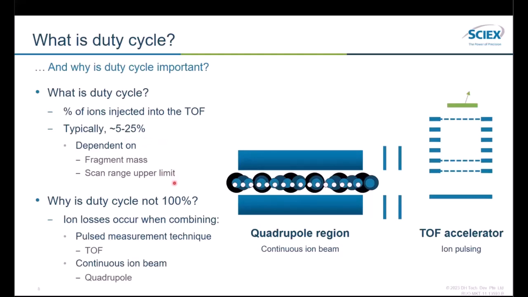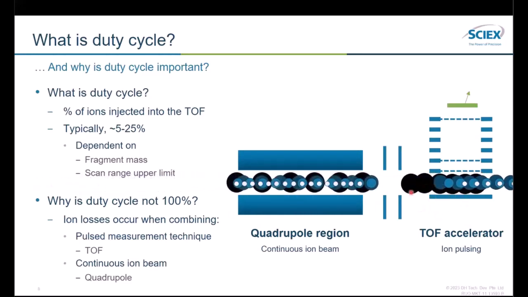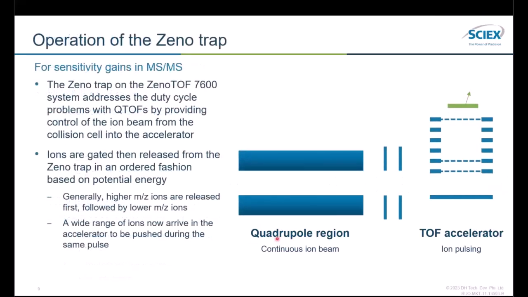So why is duty cycle not 100%? You know that the quadrupole in the QTOF system is a continuous beam system, and the TOF is a pulse measurement technique. When your ions are traveling through the quadrupole as a continuous beam, when they reach the TOF accelerator, we do lose a lot of ions, and only a few ions go to the detector, and this process keeps on going. So what we did with Zeno trap is we introduced ion gates.